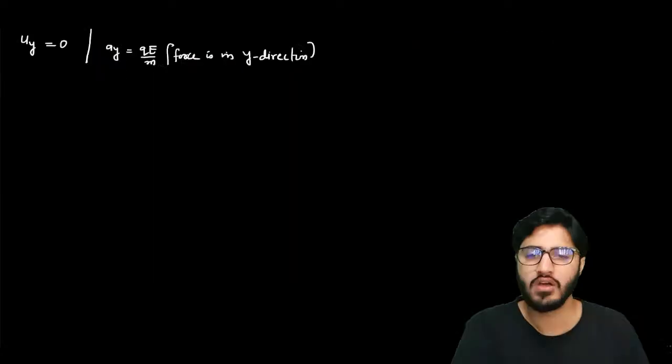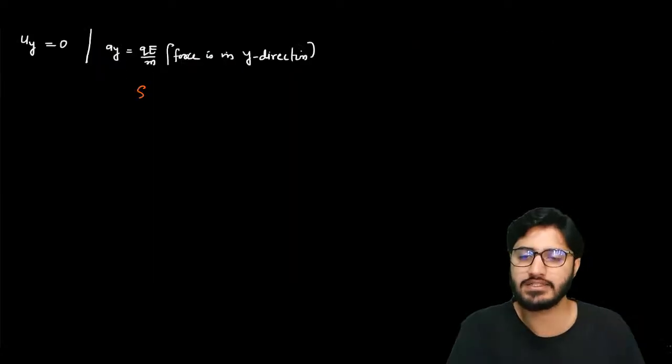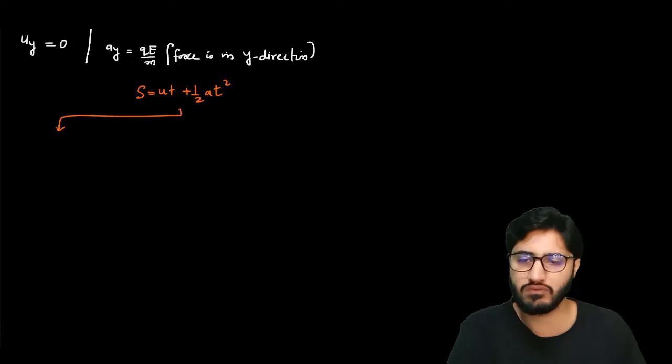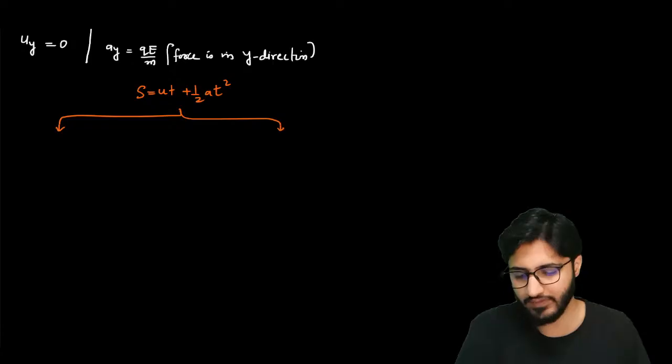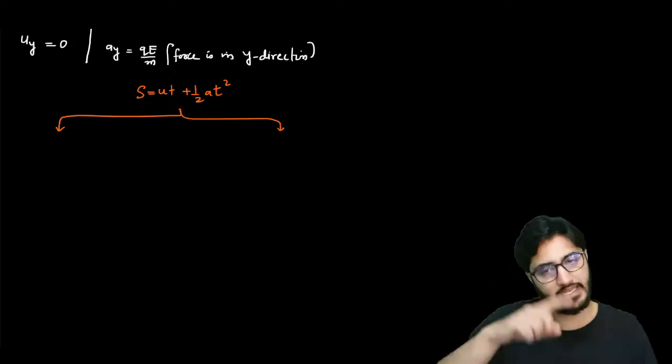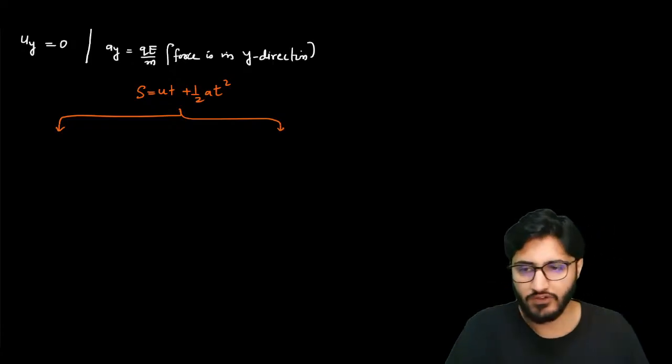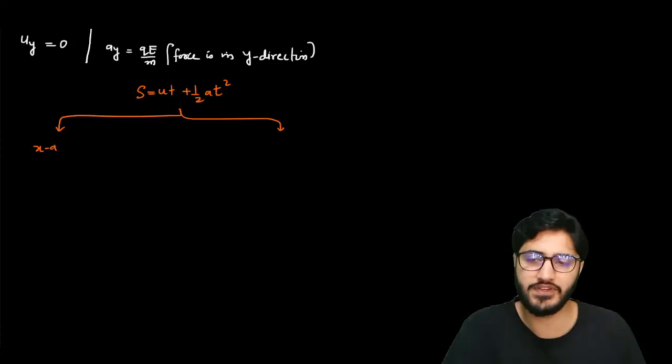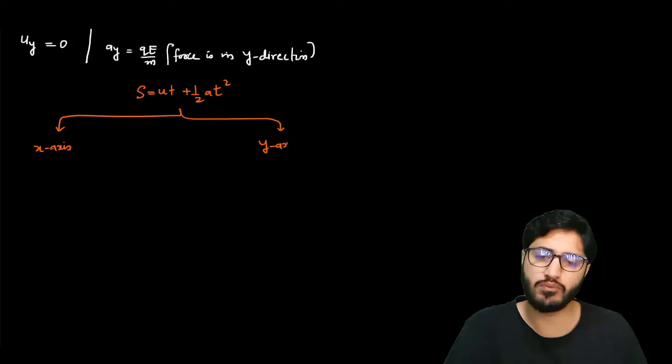We know one formula: S equals ut plus half of at square. We have displacement in x and displacement in y also. So for the x axis, I will write one equation, and for the y axis, one more equation.